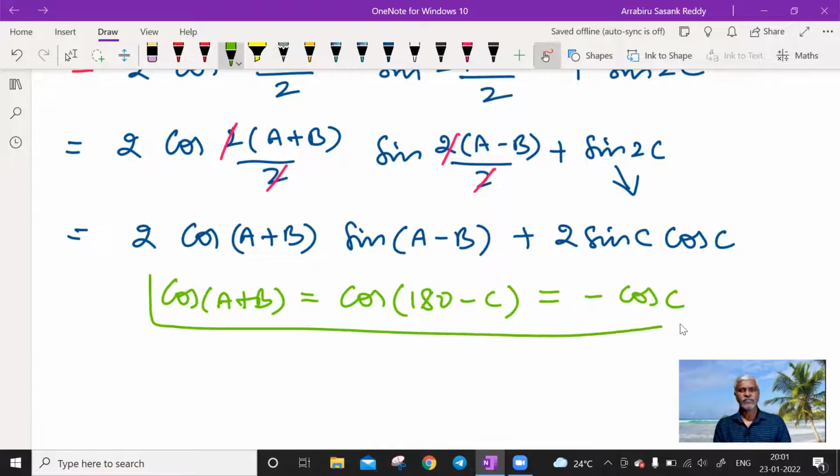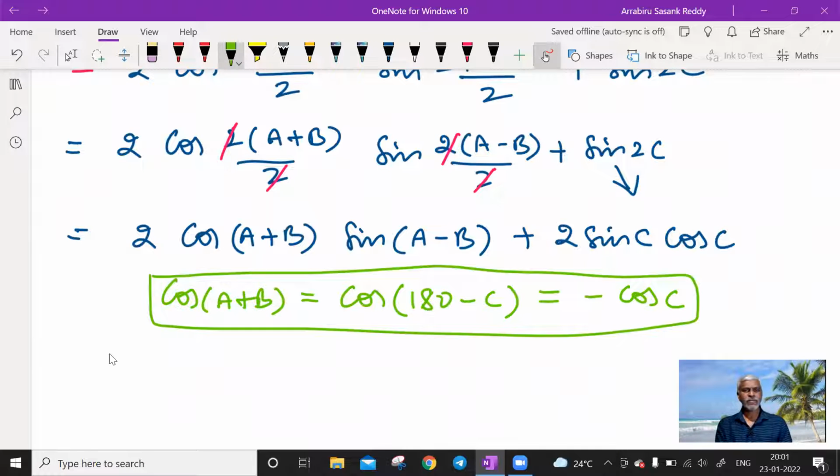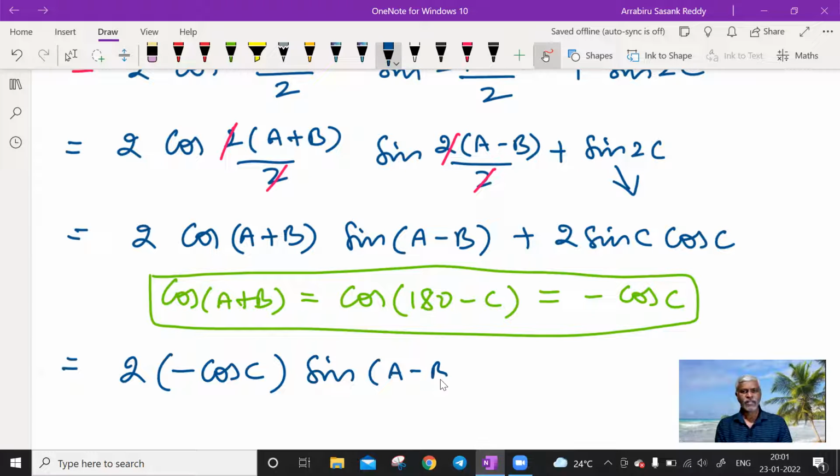So writing minus cos C in place of cos (A plus B). So this is equal to 2 into minus cos C into sin (A minus B) plus 2 sin C cos C.